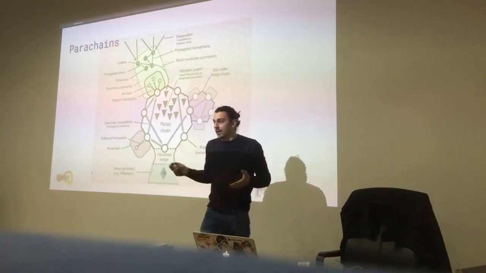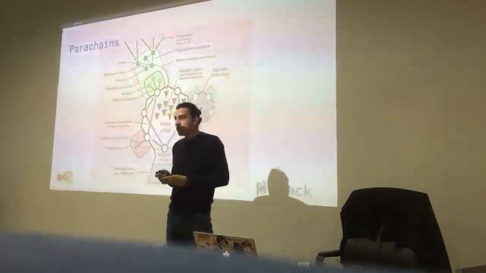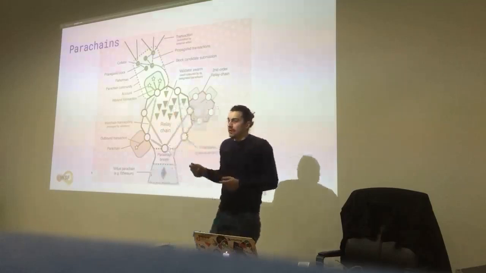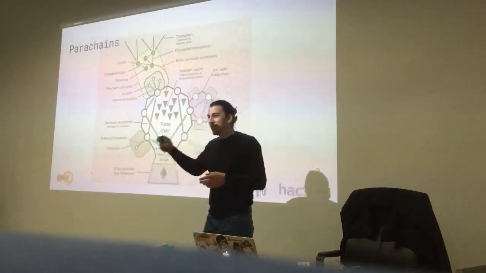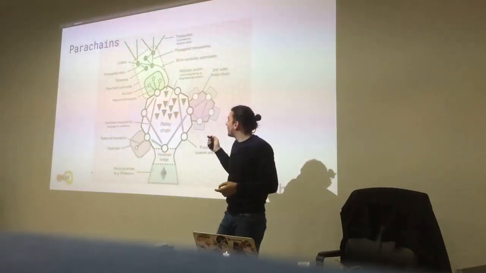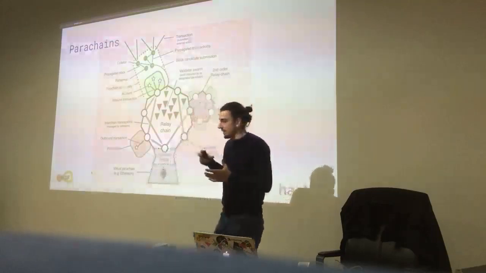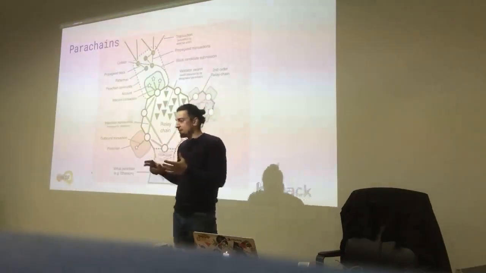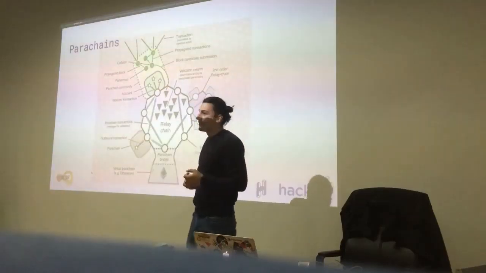So it can be written in different languages like Rust, C++, Go, or I believe these three for now. But it's basically compiled to WebAssembly at the end. And our parachain becomes a block that is signed in a transaction and passed through the relay chain.